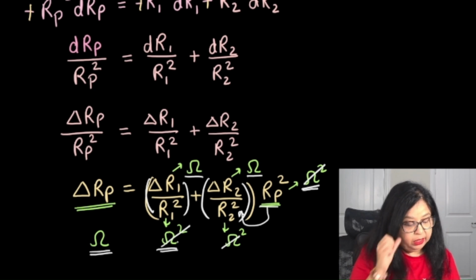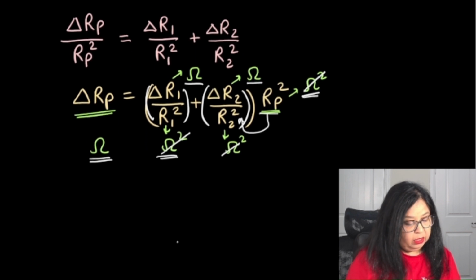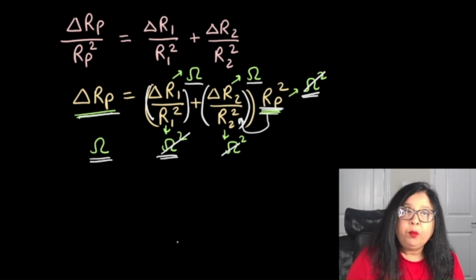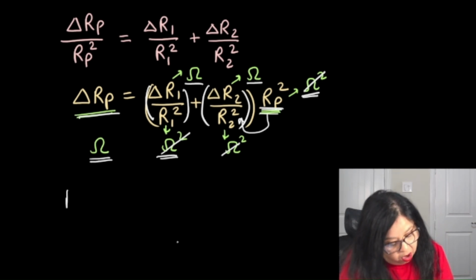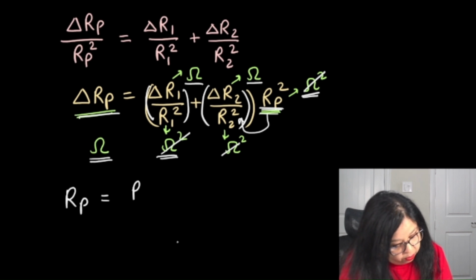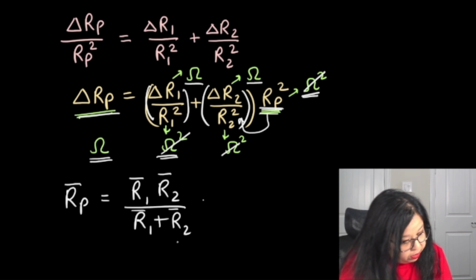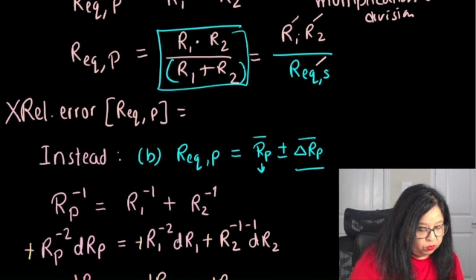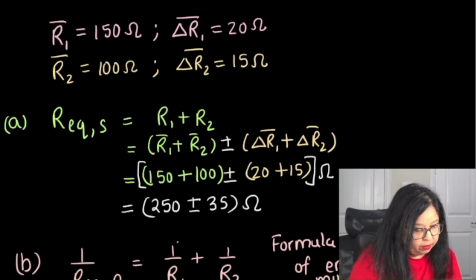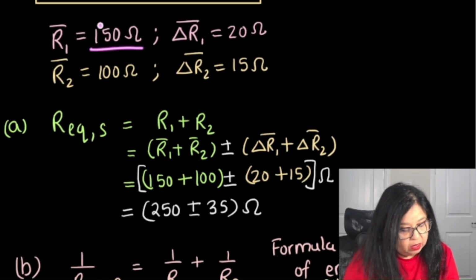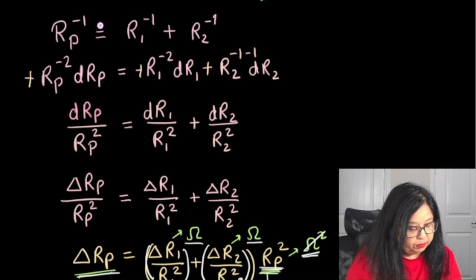Let's now plug in the numbers here. Before we plug in the numbers in this equation to solve for delta Rp, let's go ahead and solve for Rp first. We know that Rp is equal to R1 R2 divided by R1 plus R2. I'm not writing it here, but all these bars are implied. So R1 was 150 here. R2 is 100.